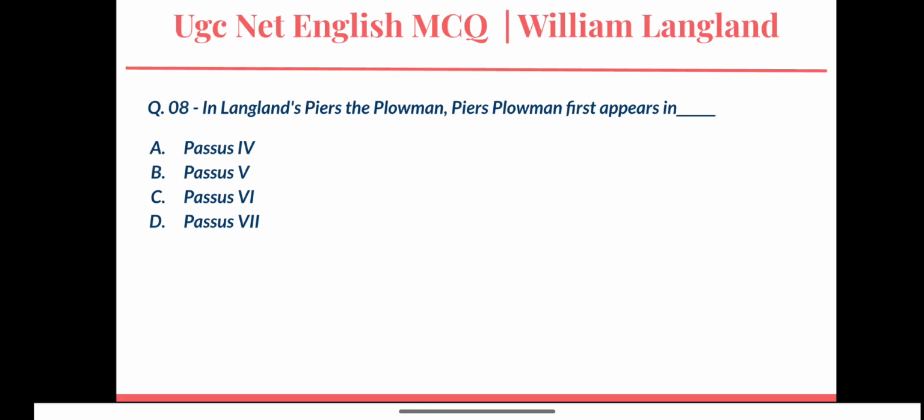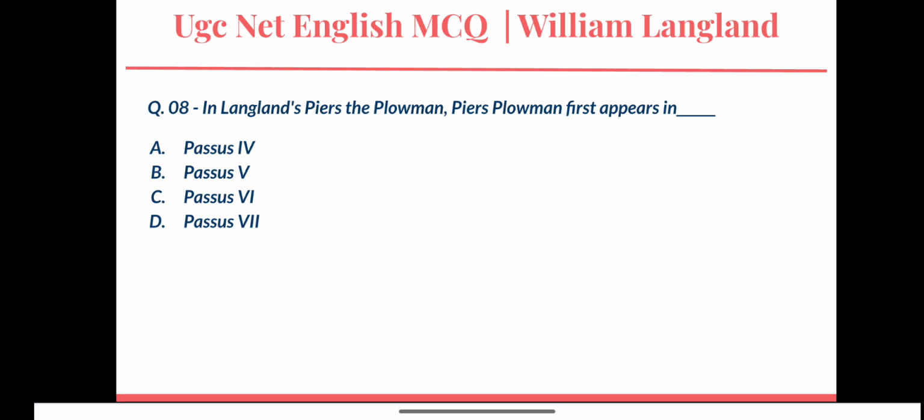Okay, so the next question is, in Langland's Piers the Plowman, Piers Plowman first appears in which passus is the question.